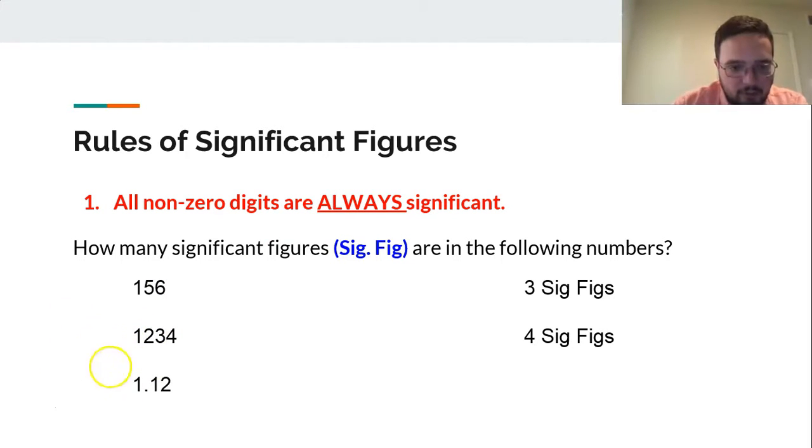Now this one, even though it is a decimal, the decimal itself does not matter. It's just a placeholder. It's supposed to demonstrate if the number is really small or not. Decimals do come into importance when it comes to scientific notation, but in regards to significant figures, not that much. So all 3 digits demonstrated here are non-zero, so all digits are significant figures, and there are 3 sig figs.